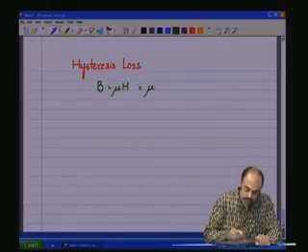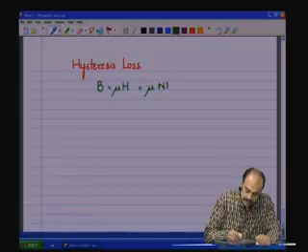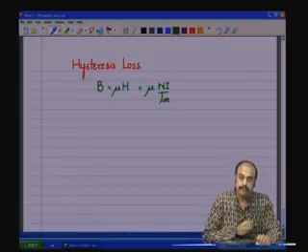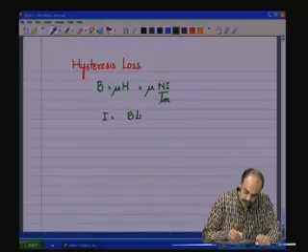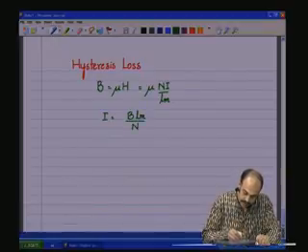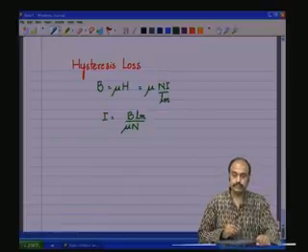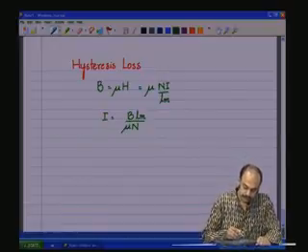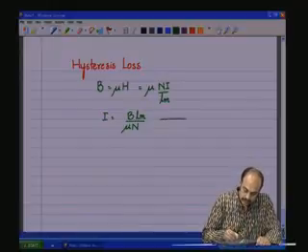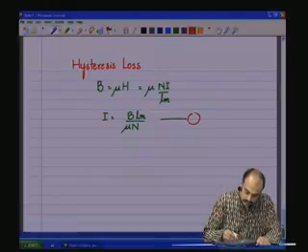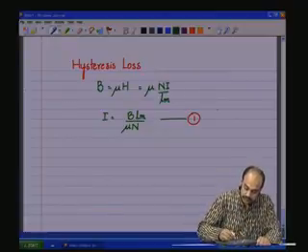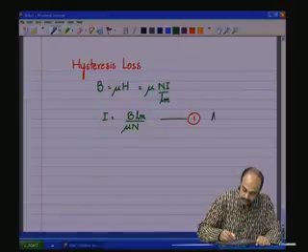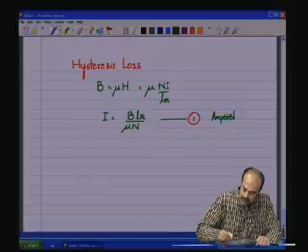And H is N I by L M. So, therefore, I is equal to B L M by mu N. This is one equation, and it is coming from Ampere's law.